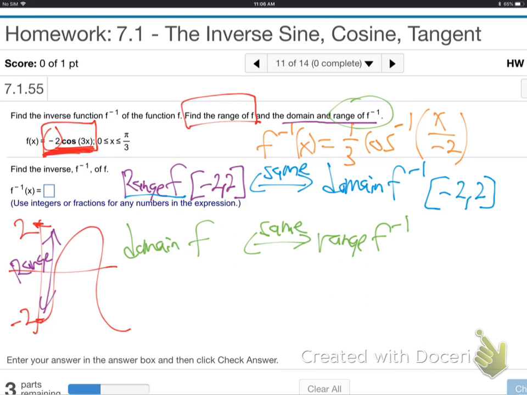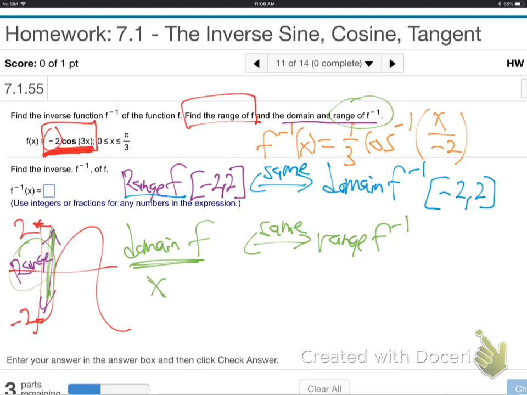You with me? So range of f is the same as domain of f inverse, and range of f inverse is the same as domain of regular f. Do I know the domain of regular f somehow? What is domain, x or y? X, right? Domain is x. Range is y, range is up, down.